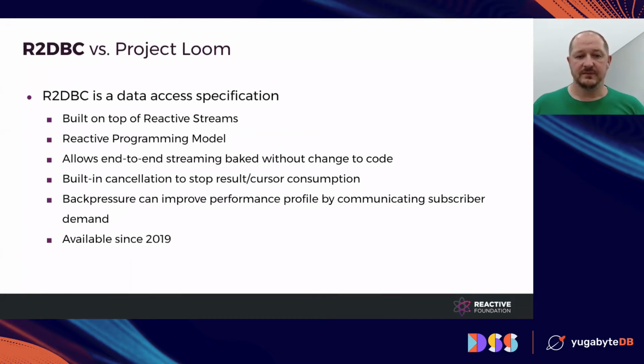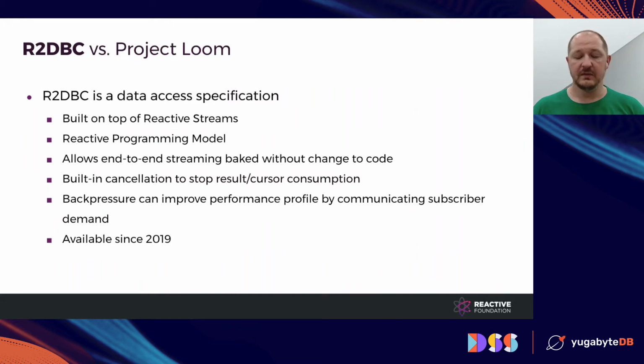R2DBC, on the flip side, is a data access specification. So it is something entirely different from Project Loom. It is built on top of reactive streams to enable a reactive programming model, and it allows end-to-end streaming of data. While with Loom, you still have to work with existing APIs, with R2DBC, you can leverage publishers from end to end.